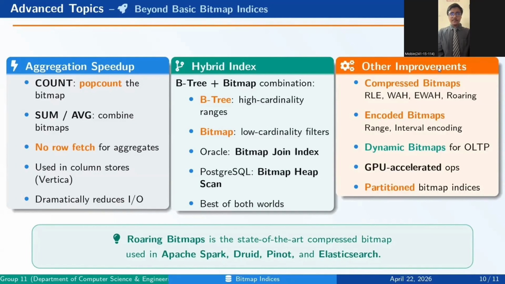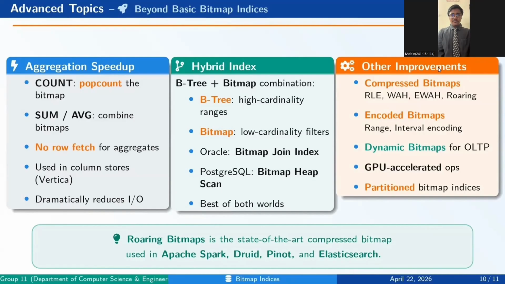Thanks. Let me cover some advanced topics. Aggregation speed up: count operations are extremely fast using the CPU popcount instruction, which counts 1s in a bitmap in a single cycle.